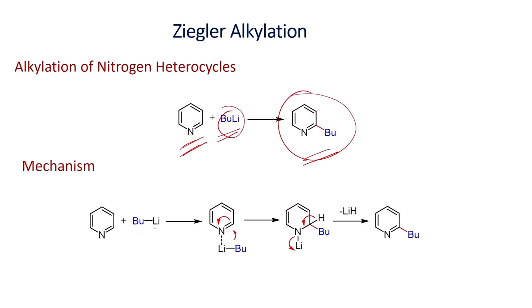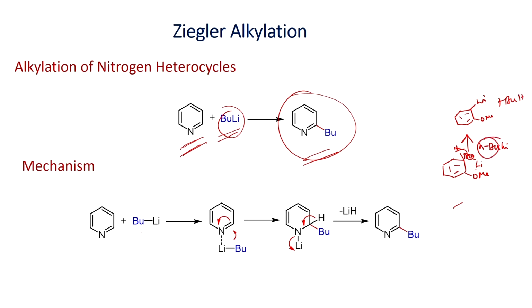And here what happens, if you remember the case of ortholithiation, let us take anisole, and when you react it with n-butyllithium, here this acts as a base and deprotonates, then you will be able to form the lithiated species plus butane.